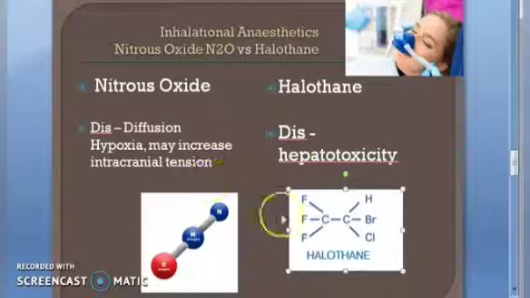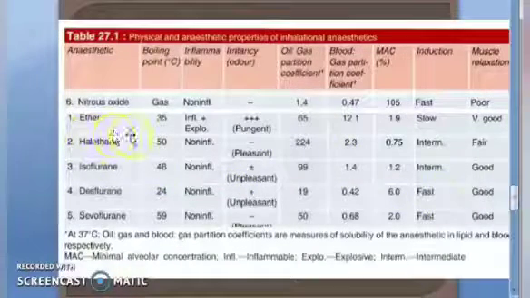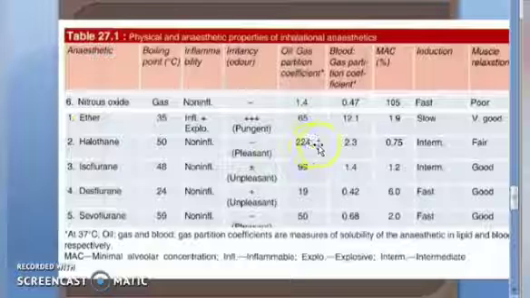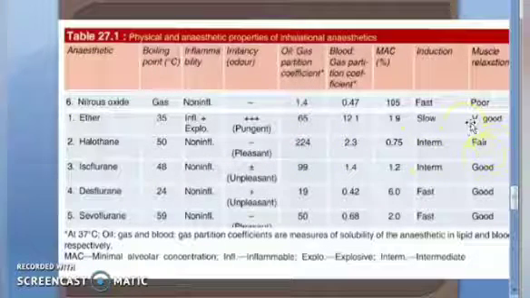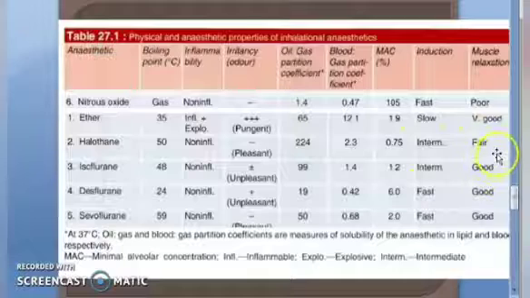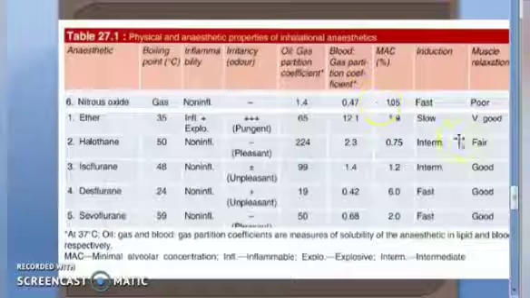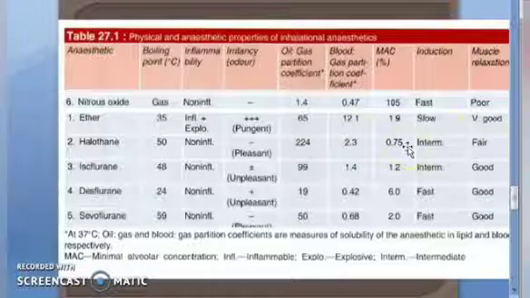Look at this chart here. Halothane has some muscle relaxation property, okay? Minimum alveolar concentration, halothane very less.